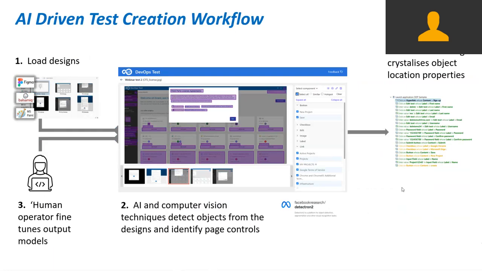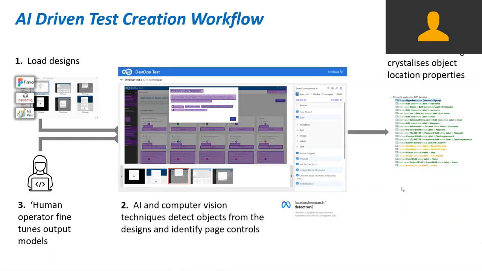Rather than accessing the live application, we can access the design screens, interact with them as though they were a live application because we've identified all the different controls, and create something that we can then play back against the live system. And when we play it back against the live system, you'll see again in the demo a real example of this, we're playing it back with our AI-augmented understanding of what we think the application may look like.